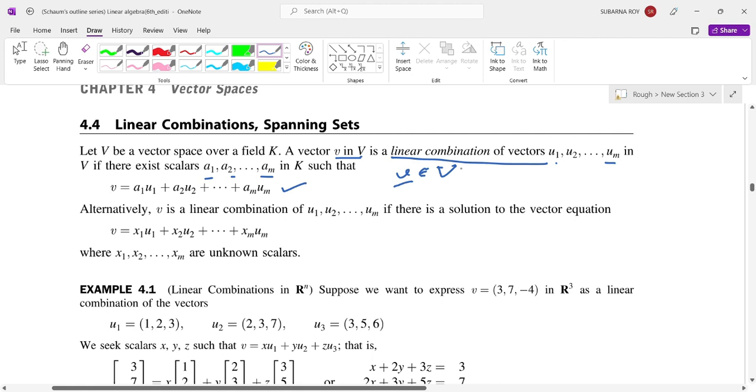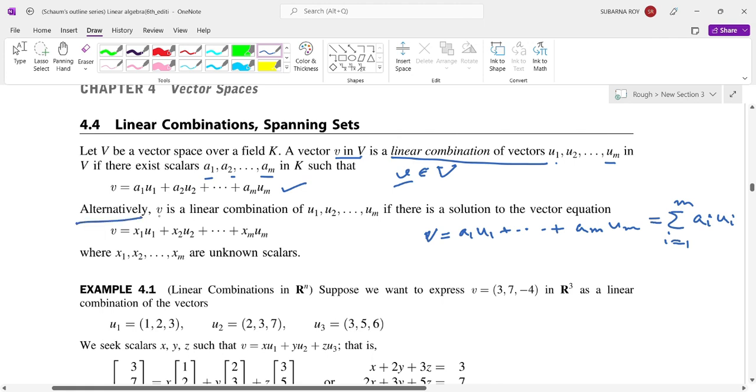So v is said to be a linear combination of vectors u1, u2, ..., um if there exist scalars a1, a2, ..., am such that v equals a1 u1 plus ... plus am um. This can be written as the summation of ai ui, i equal to 1 to m.